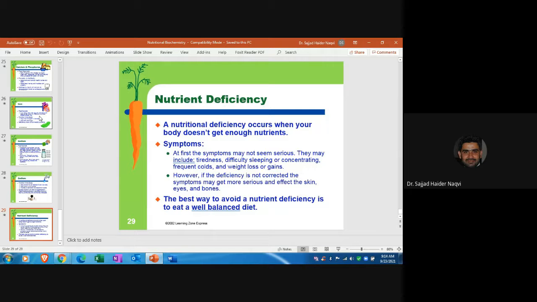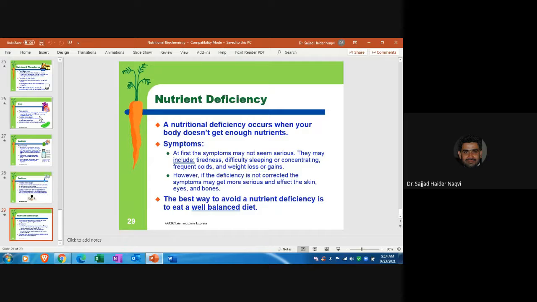However, if the deficiency is not corrected, the symptoms can get even worse and have serious effects on the skin, eyes, bones, and the metabolic machinery of the body. So, the best way to avoid a nutrient deficiency is to have a balanced diet.